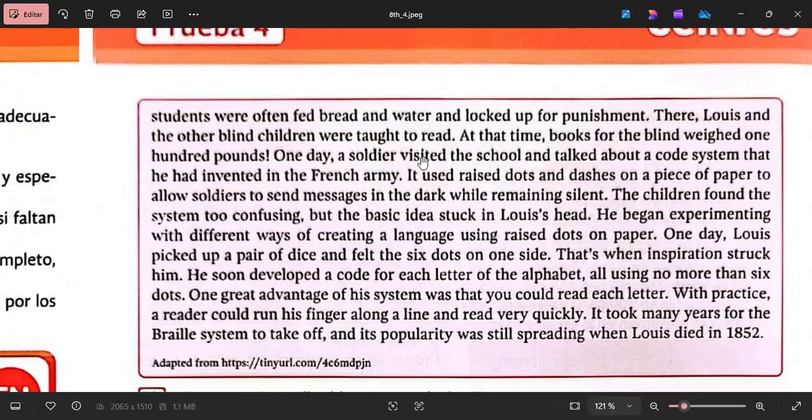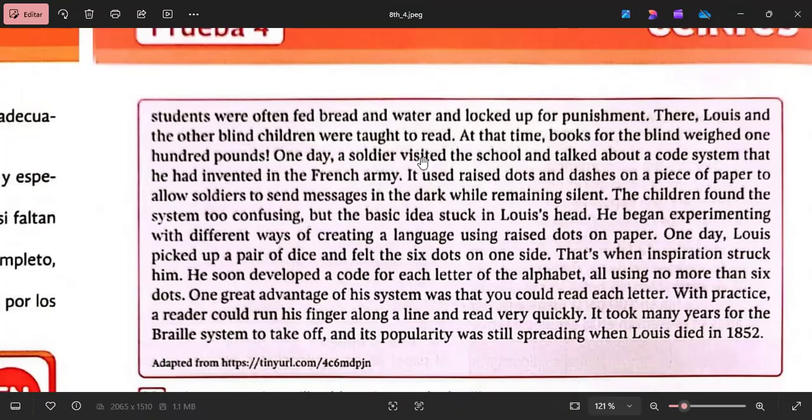He began experimenting with different ways of creating a language using raised dots on paper. One day, Louis picked up a pair of dice and felt the 6 dots on one side. That's when inspiration struck him.